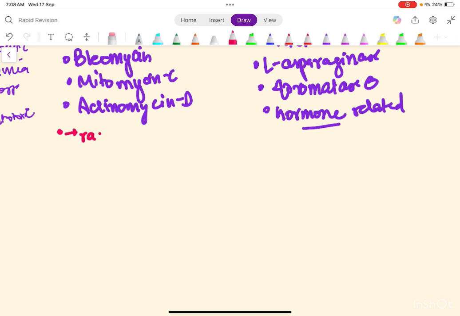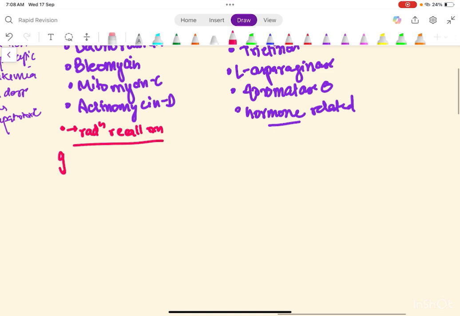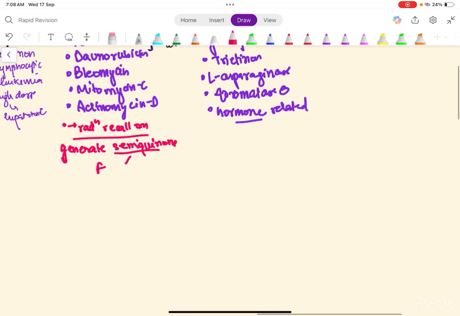Here there's something called radiation recall reaction, which is very common. What happens is they generate semiquinones, which is nothing but a free radical. Then this leads to congestive heart failure and cardiomyopathy.